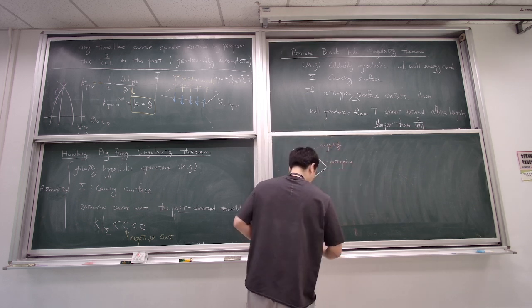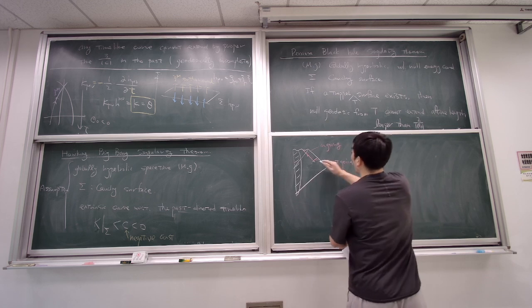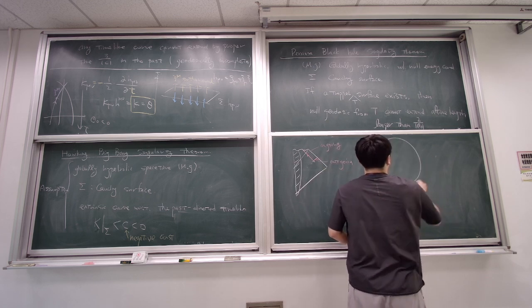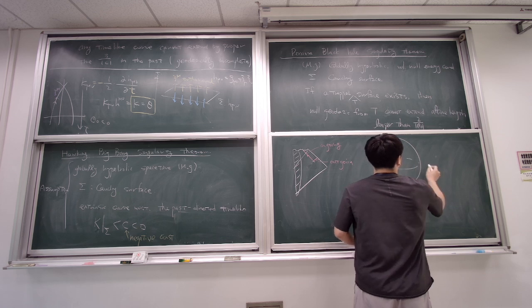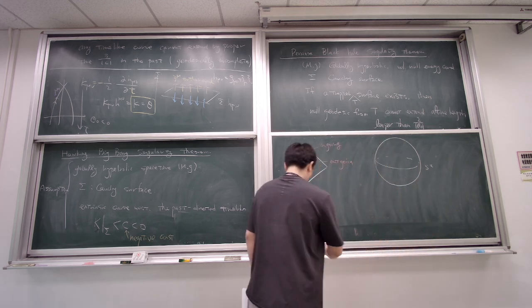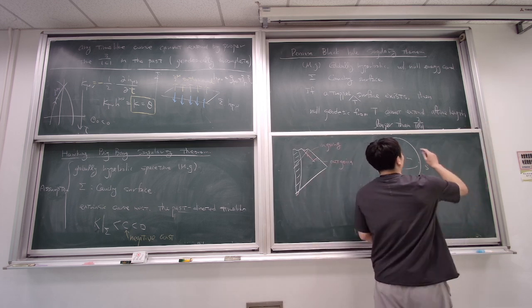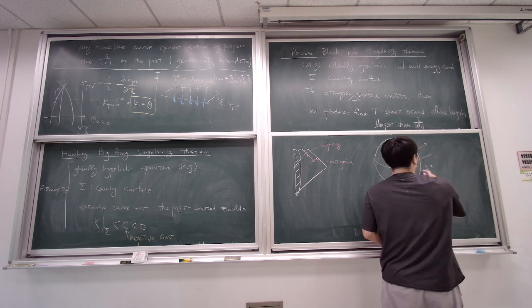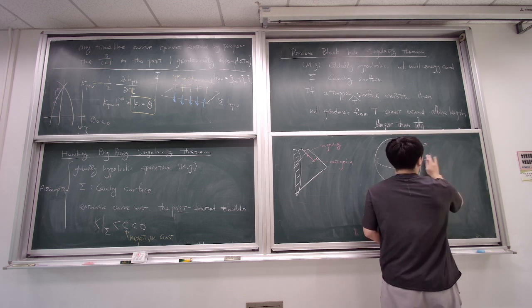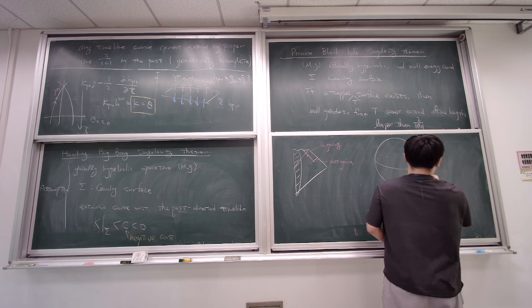If you consider the space-time, this point corresponds to a sphere, S2. Outgoing means that you can emit light towards the outside of the sphere, like this way.